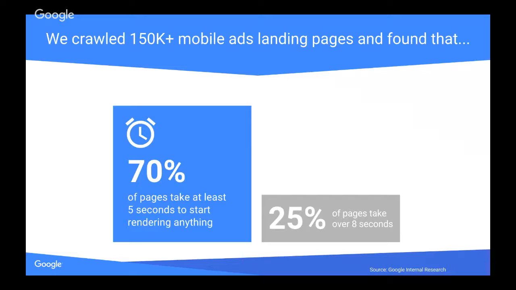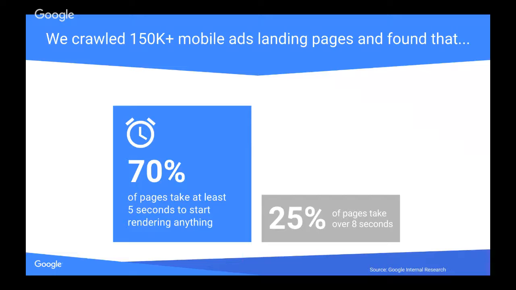Now we want to make sure that experience doesn't break when people click on ads and then go to your mobile landing pages. We want all the users to see the same thing end to end, right?